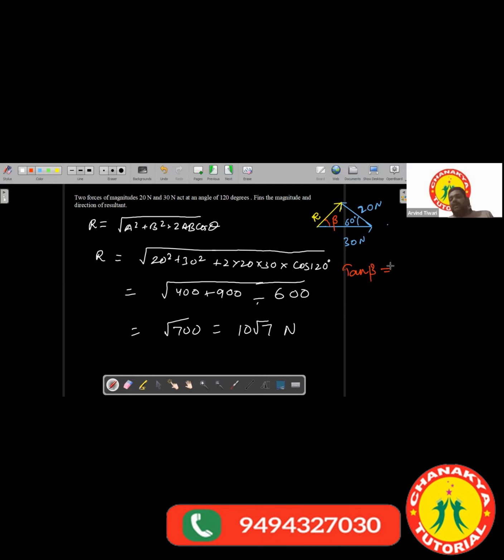Let this vector be B. So you write B sine theta divided by A plus B cos theta. Remember that you have to start from the opposite side. So tan beta is 20 times sine 60, sorry, 20 times sine 120 divided by A plus B cos 120. I hope you will be able to find out this trigonometric ratio.